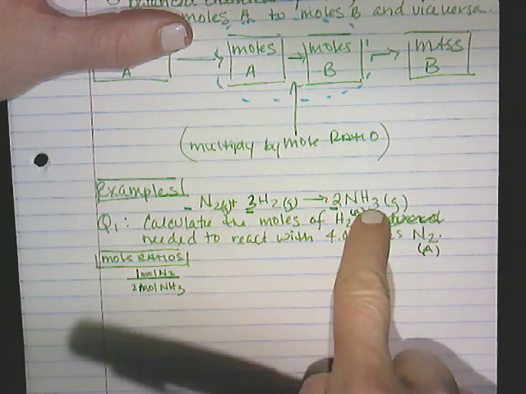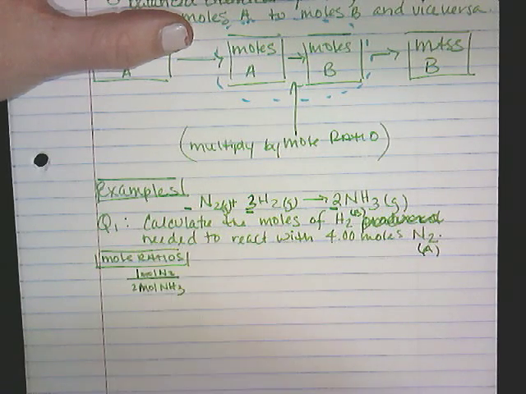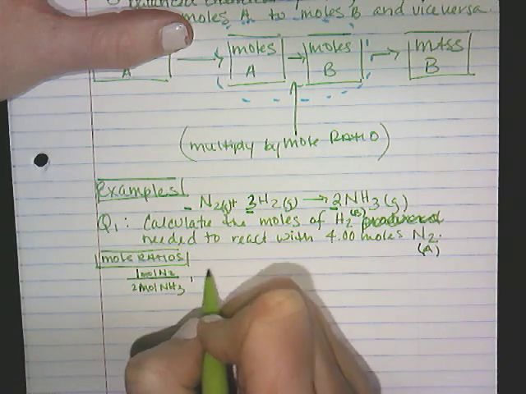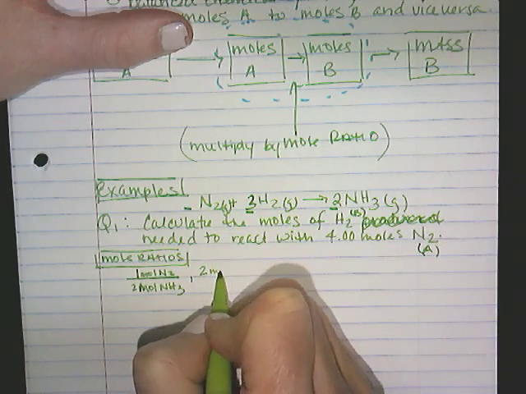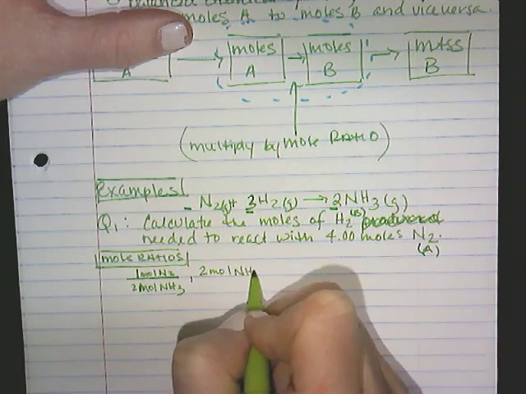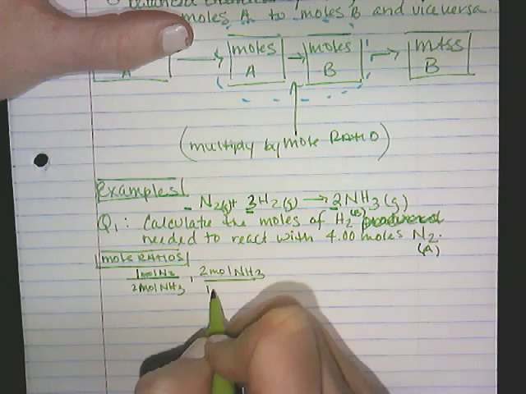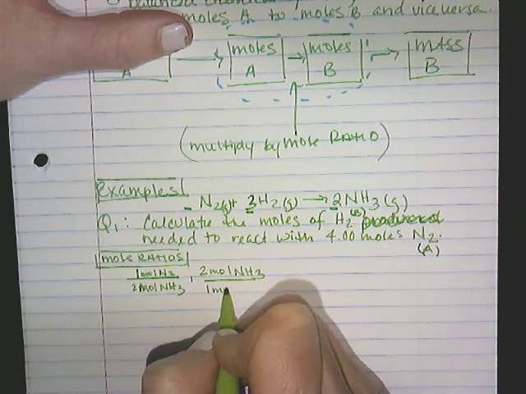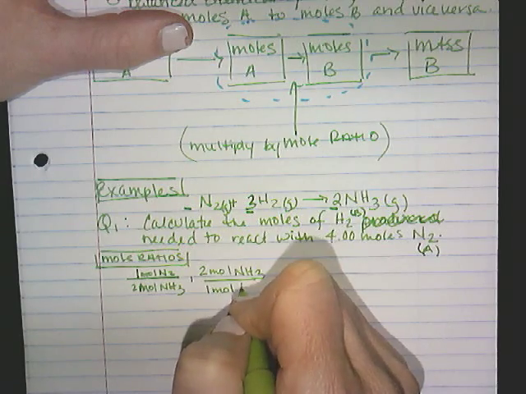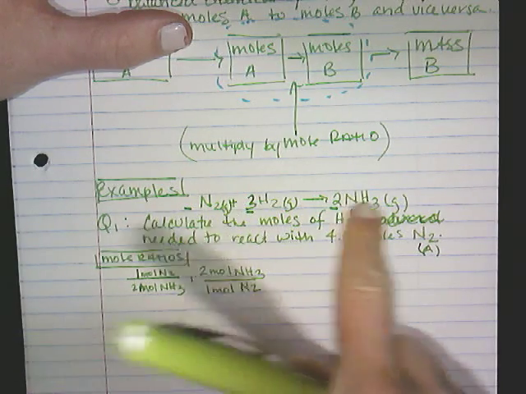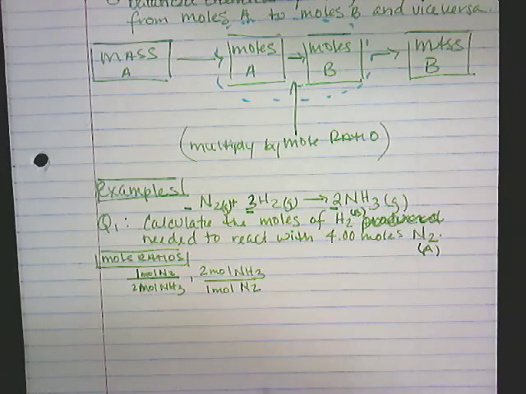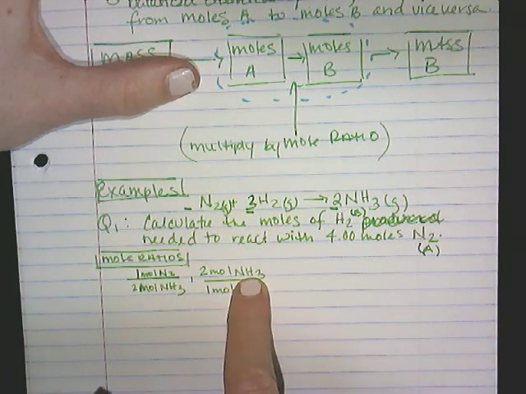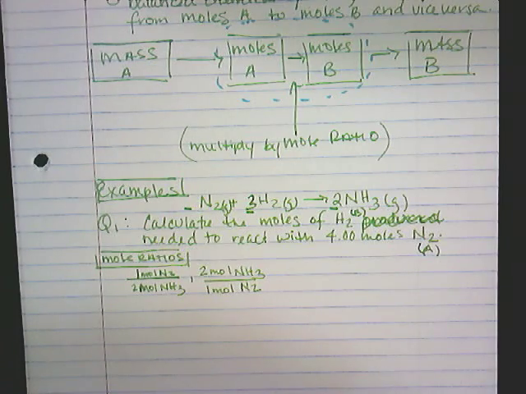And for every 2 moles of NH3 that's produced, we will react 1 N2. So we can also write it as 2 moles of NH3 will result from reacting 1 mole of N2 in this equation. Each of these is a mole ratio, and depending upon what you're solving for will determine which ratio you choose.